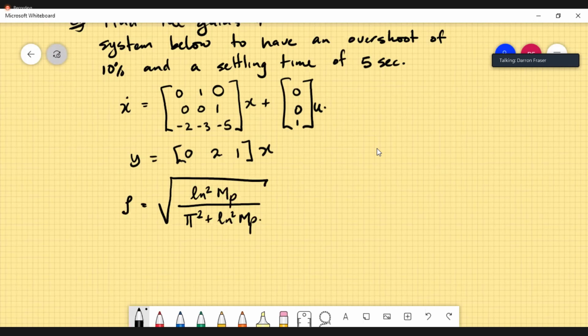So how much does that work out to? ln squared 0.1 over pi squared plus ln squared 0.1. I think we worked it out already.